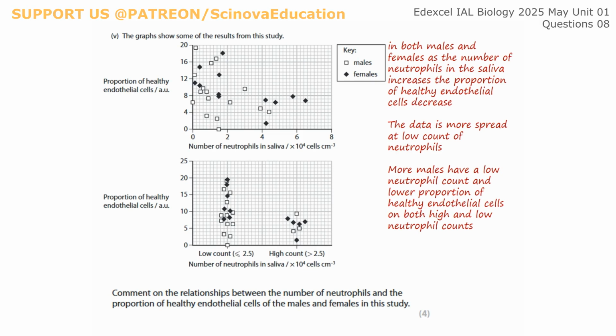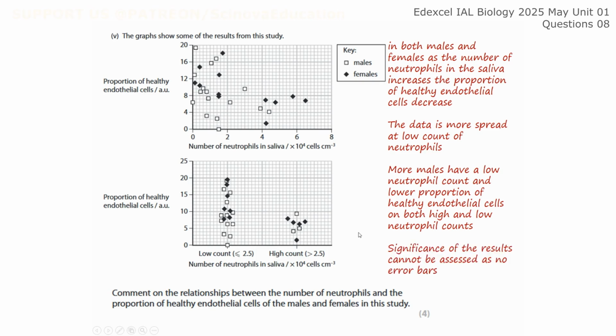And if you compare the low count and high count individuals, most of the men are in the low count neutrophils level. But the significance cannot be determined because the error bars are not there, and details of the individuals that have been taken, other risk factors except blood pressure, are not mentioned in the study.